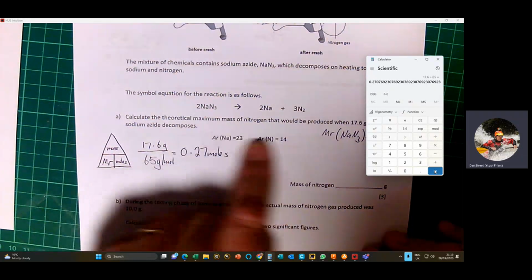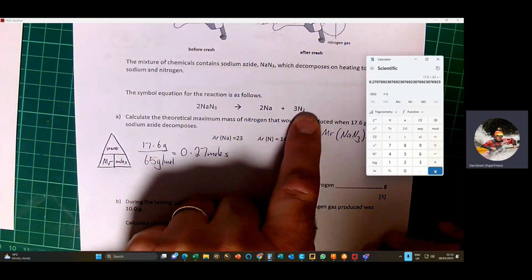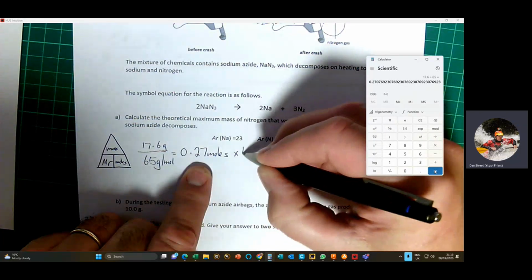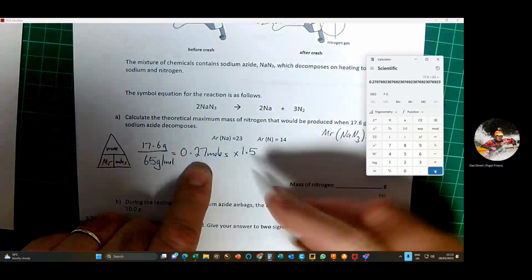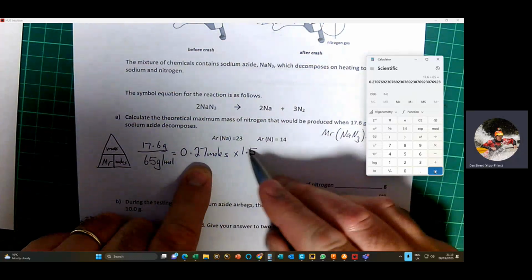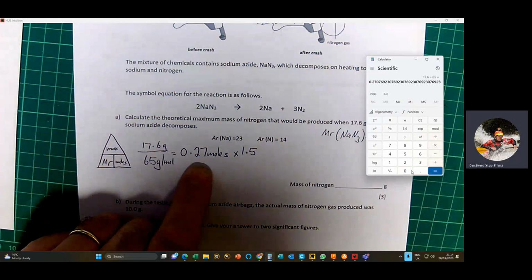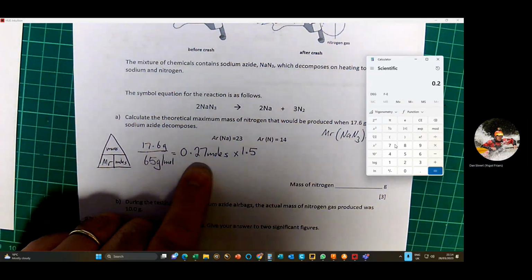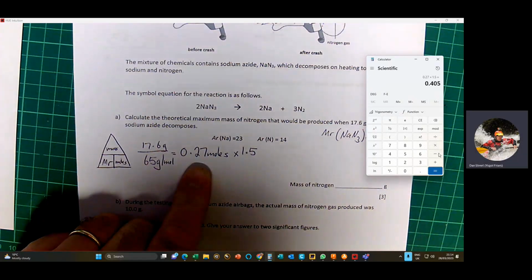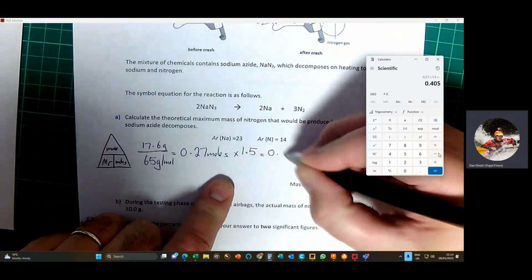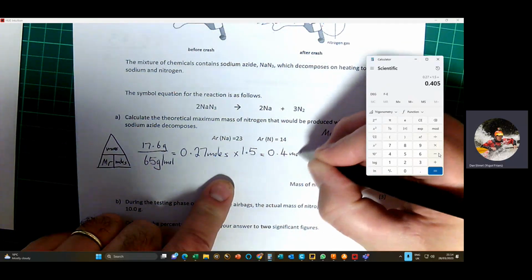So it's 1.5 times more moles. Okay, so that 0.27 we need to times by 1.5, because 3 is 1.5 times bigger than 2. Okay, so if you multiply 0.27 times 1.5, it gives us 0.4. Okay, so that's 0.4 moles.